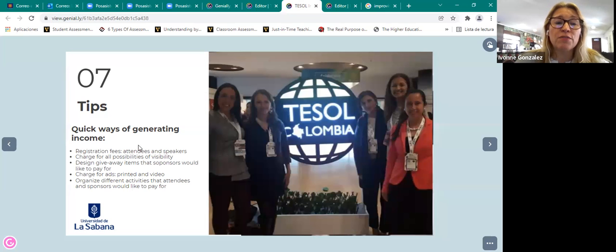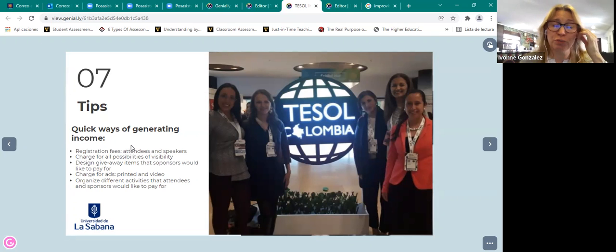But the rest of the people that want to present their work, they want to share their insights or research outcomes, etc., they have to pay a registration fee. Of course, it has a discount price, but they pay.